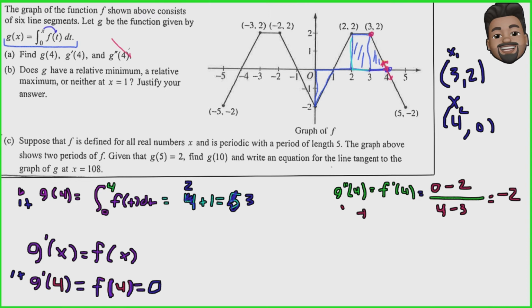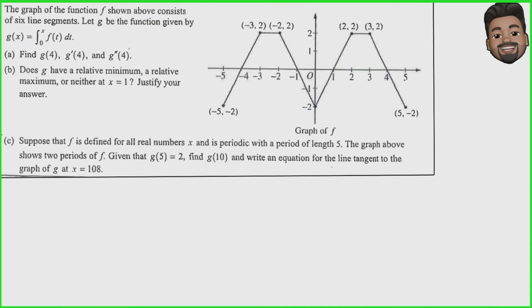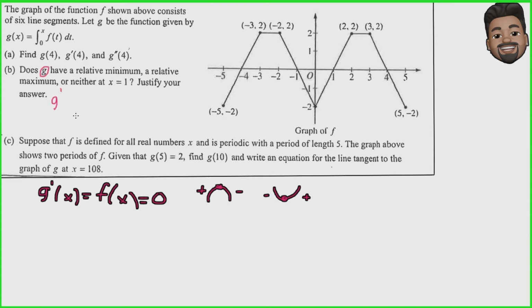Now let's go to part B. Does G have a relative minimum, a relative maximum, or neither at X equals 1? Justify your answer. To find whether G has a relative maximum, we need to know what G prime changes from. We already know G prime of X equals F of X. First, I need to find when it's equal to 0. G prime of X is just the graph of F. So when does the graph of F have Y values of 0?